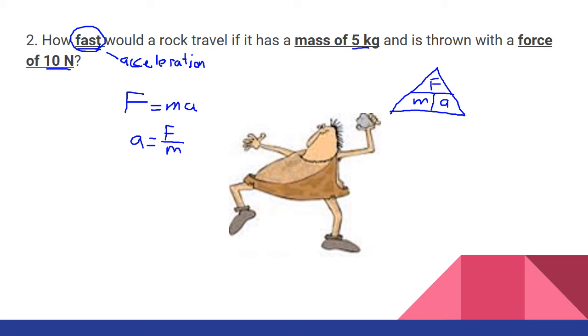And if I cover up, in this case, acceleration, I'm left with force divided by mass. If we plug in our numbers for this question, we have a force of 10 newtons and a mass of 5 kilograms, which means that our acceleration is going to be 2 meters per second squared.